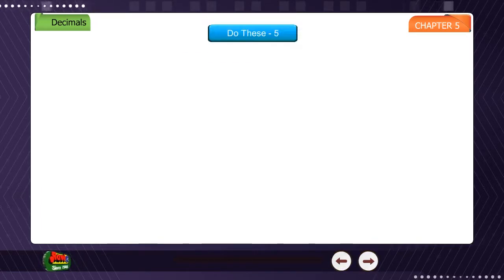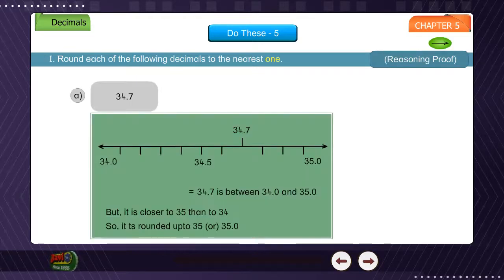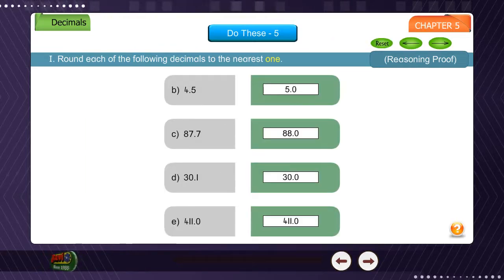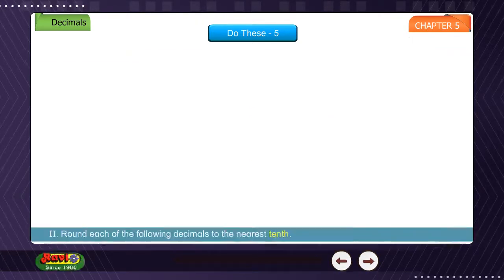Do these 5. 1. Round each of the following decimals to the nearest 1. 2.